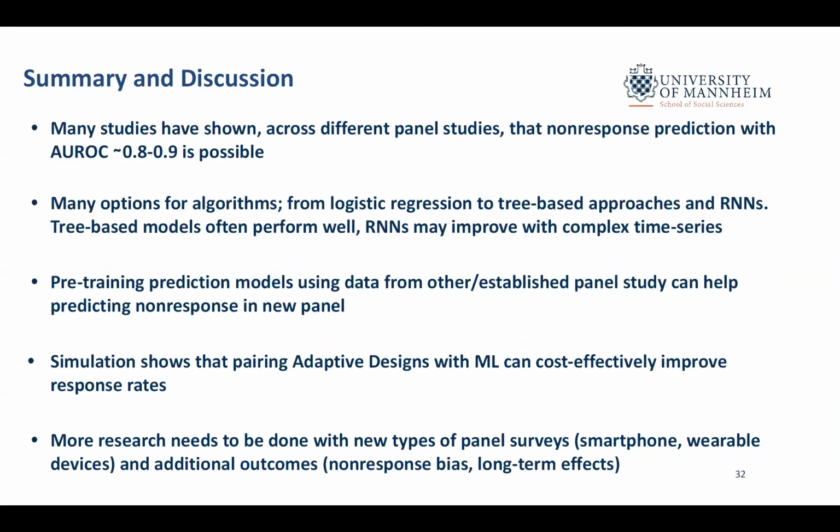Right. Yeah, exactly. Trying to summarize, so we had a lot of results, many things discussed. So I think one important takeaway is that we've seen across many previous studies, but also in our own work, that non-response prediction is feasible, and we can achieve very good performance scores there across different panel studies, different types of designs.